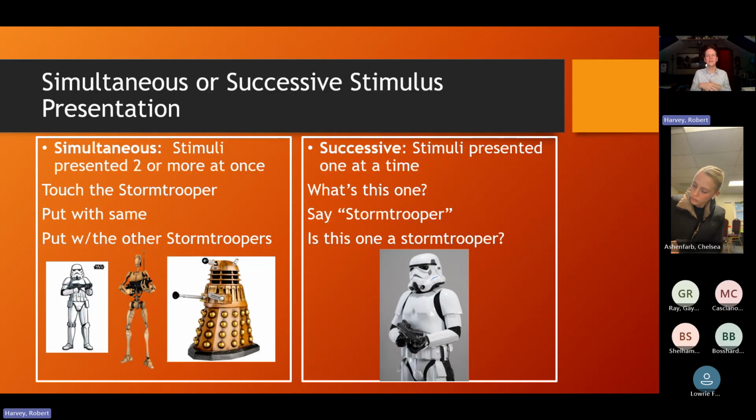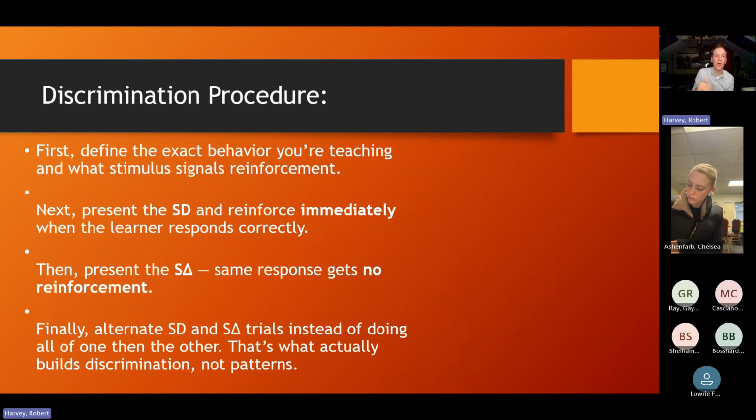You want to think of it as, okay, we're really just going from a field of one and saying, what is this? What's this one? There are, yes, other stimuli present, but your focus is just on that one. So we do want to have that discrimination of our own in here.